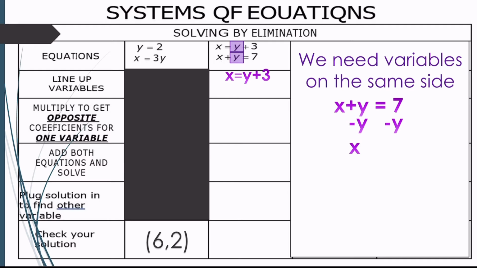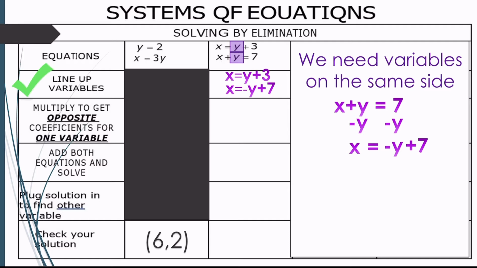Therefore, it's going to say x equals negative y plus 7. I now have my variables lined up. If you take a look at your two equations, the x's are both to the left and the y's are both to the right. So that's why we can put a check on step 1.